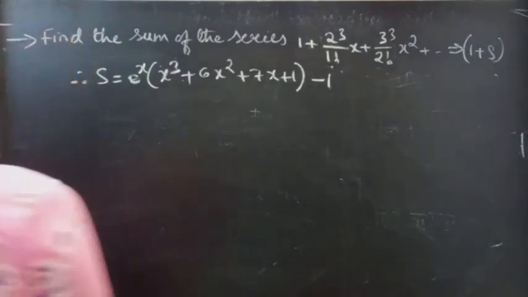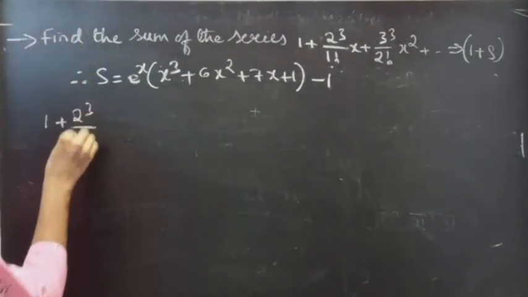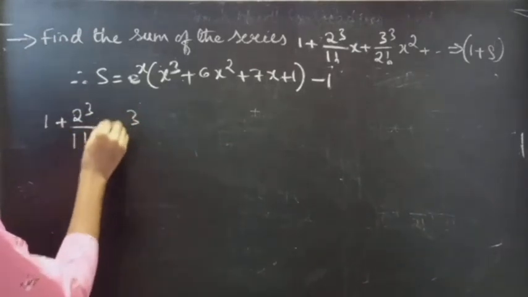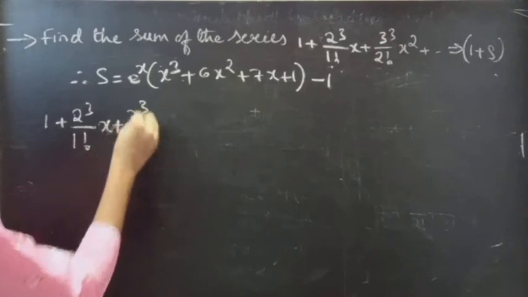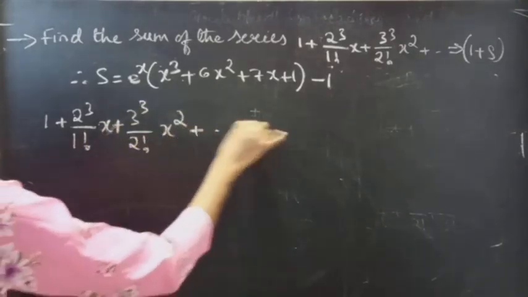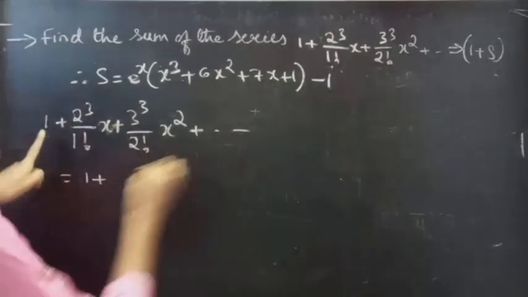Since we are given the series and asked to find the sum of the series 1 plus 2 cube by 1 factorial into x plus 3 cube by 2 factorial into x square plus so on, which equals 1 plus s.